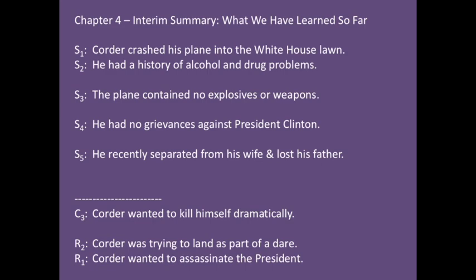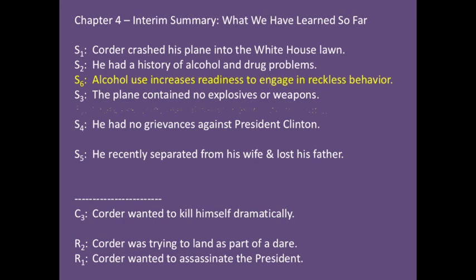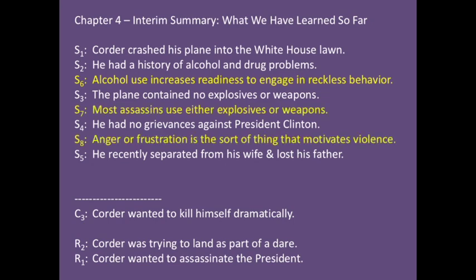Alcohol use increases readiness to engage in reckless behavior. Most assassins use either explosives or weapons. Anger or frustration is the sort of thing that motivates violence, and significant losses or tragedies can precipitate suicide.